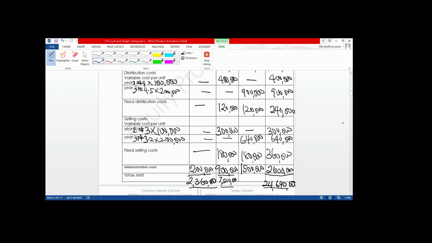Let's look at the third year. We can start from 1.5 if you are adding. Plus 180. Plus 640. Plus 120. Plus 900.